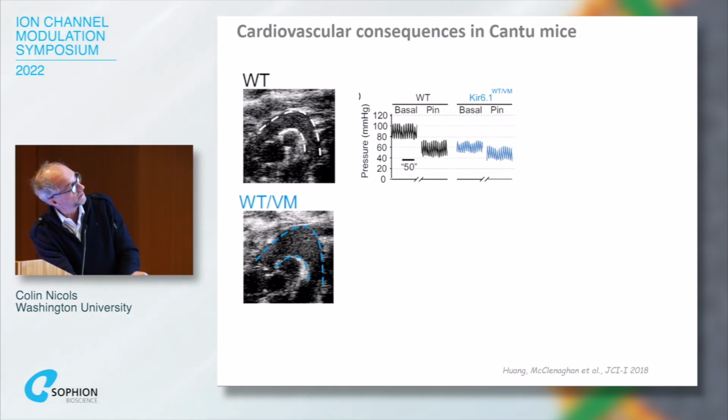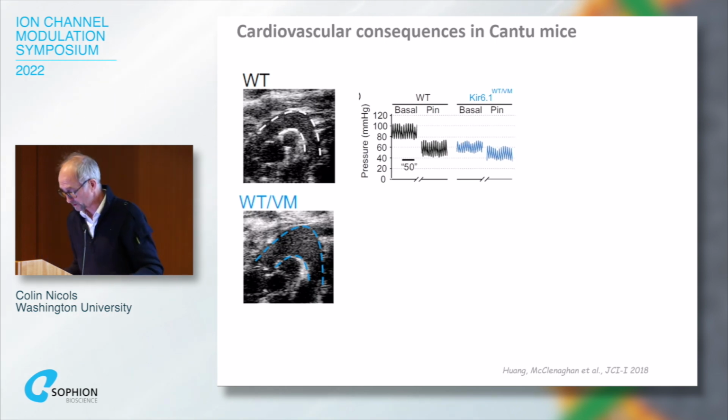What happens here is adding pinacidil, which is one of these potassium channel opening drugs. You add that to the wild type, and the blood pressure drops to about the same level. So you can get about a 30, 40 millimeter drop of blood pressure by giving openers of these KATP channels. In the VM animals, where the KATP channels are already active, giving pinacidil doesn't cause much more lowering.